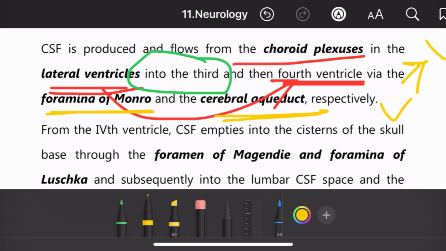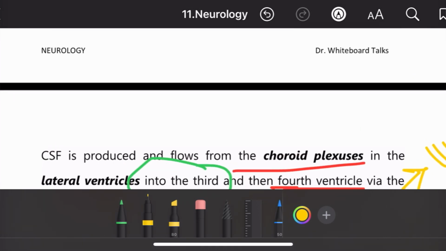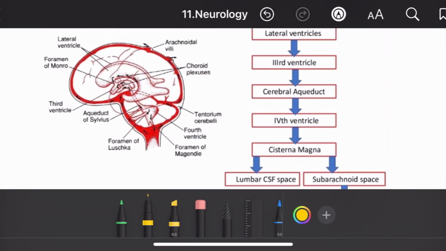So from the lateral ventricle to the third ventricle, it is through the foramen of Monro, and from the third ventricle to the fourth ventricle, it is through the cerebral aqueduct. We'll come to the diagram once again.